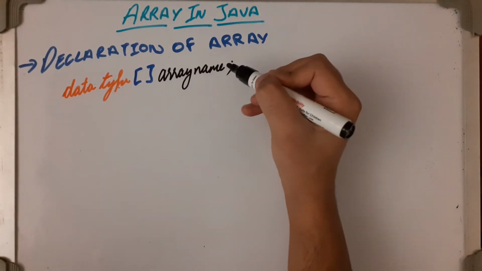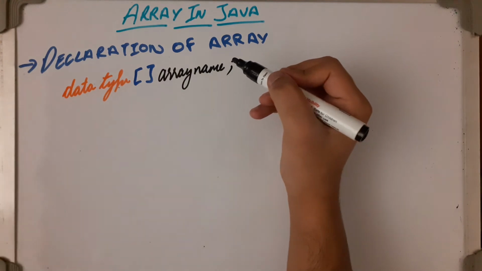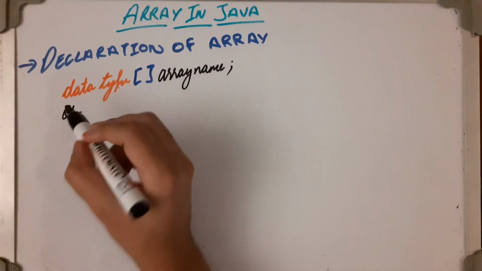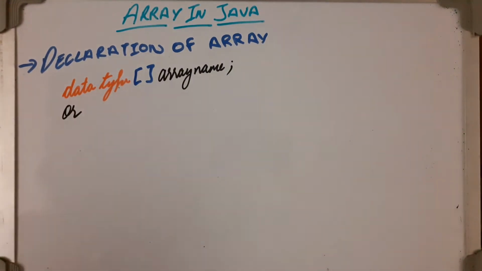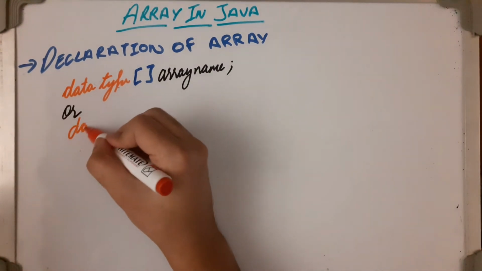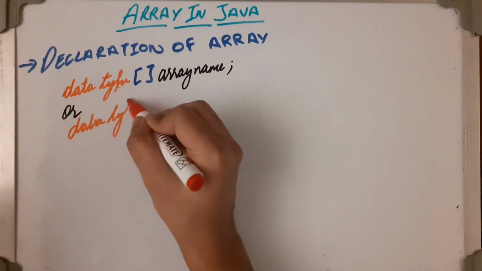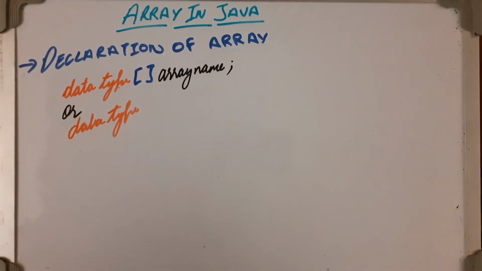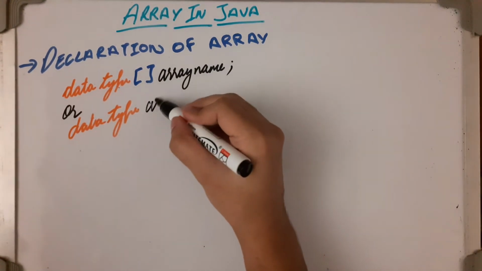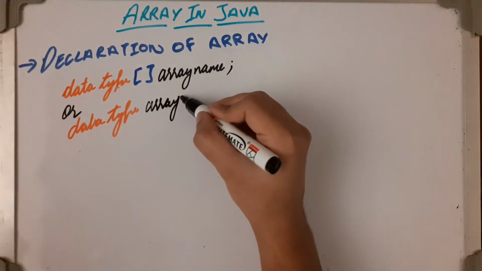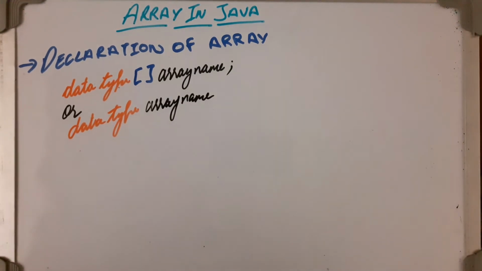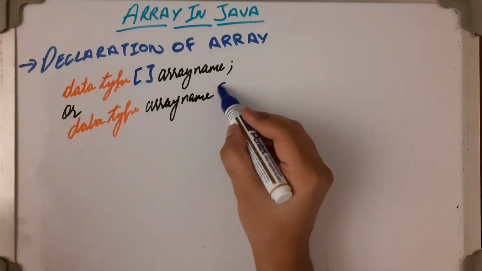Okay, this is the declaration of an array, or you can declare it like data type, then you write the array name, and then you write the square braces.